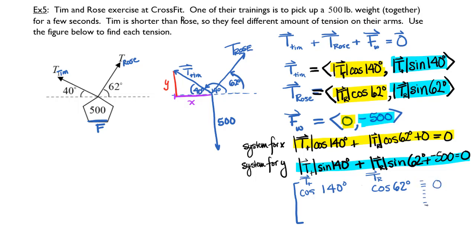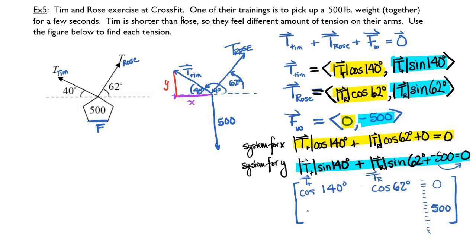We can think of this last column as the equals column, so now we are going to pull this 500 to the other side since it doesn't have a tension connected to it. So this will be 500 on the right of the equal sign.